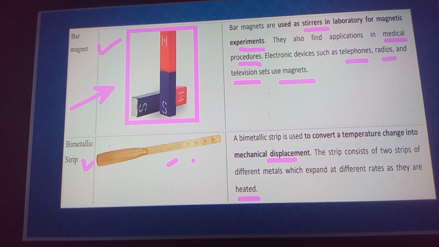So when this bimetallic strip is heated, it can bend downwards, but when it's cooling, it can bend upwards, because different metals have different capability of expansion.